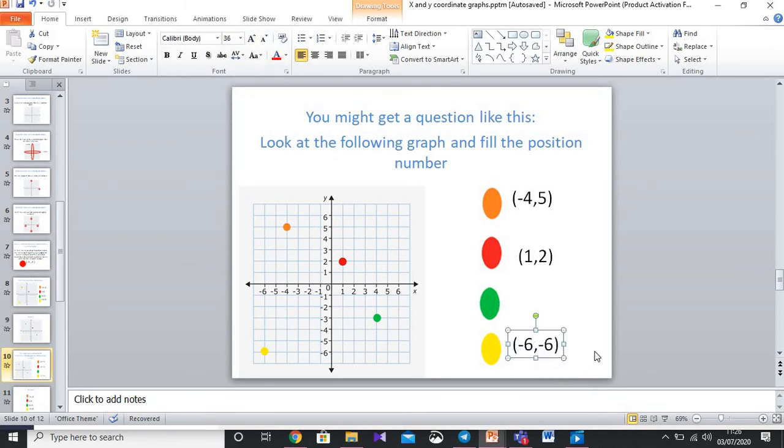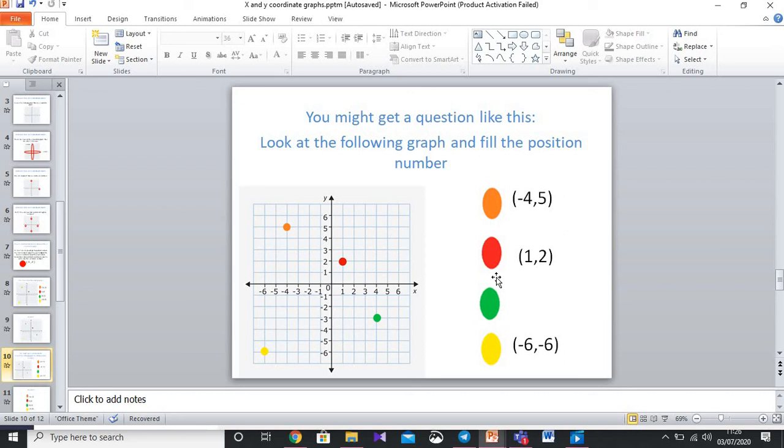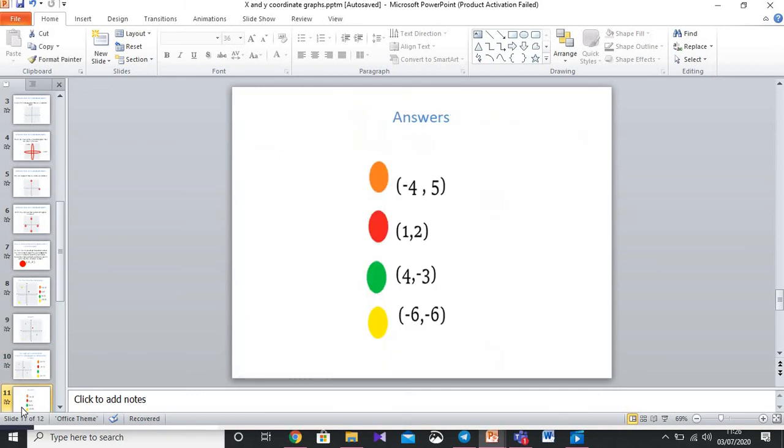Okay. Now I want you to pause the video and think what's the position number for the green dot. Okay, here are the answers. And if your answer is correct, congratulations.